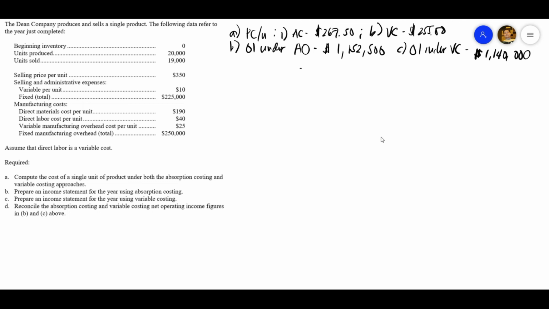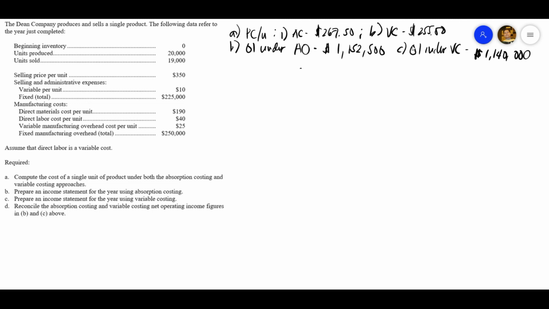Meaning it will stay in that account. Whereas with variable costing, the fixed manufacturing overhead cost that you incurred is fully recognized in your income statement as expense. It will not be an inventoriable cost.